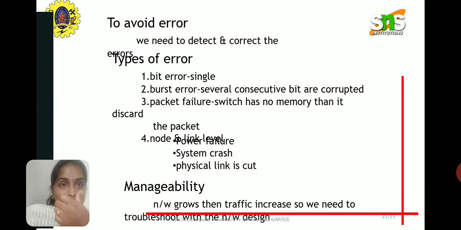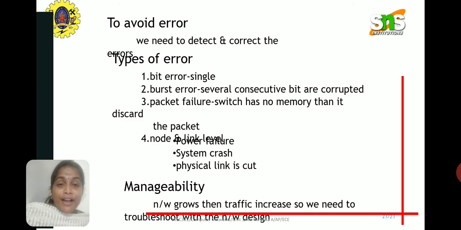To avoid these errors, we have to find some manageability techniques to improve our efficiency. In this, we have some types of errors like bit error, single bit error, burst error, packet failure, node and link failure, power failure, system crash, physical link cut, like that.